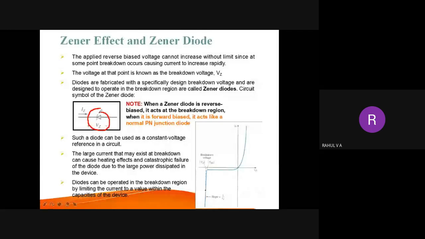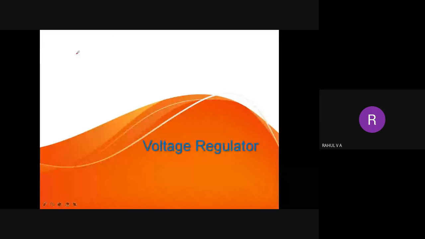If I draw the symbol more clearly, this is the symbol of a Zener diode. What is the difference? You can see that these ends are a little bit bent. So it is not like a PN junction diode. It is something different.